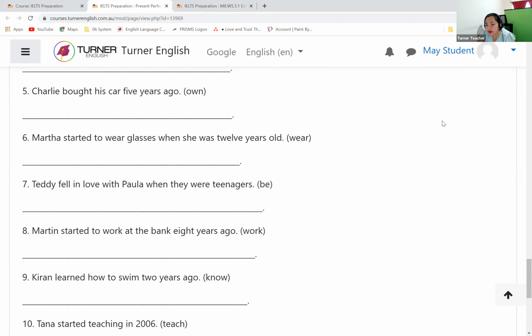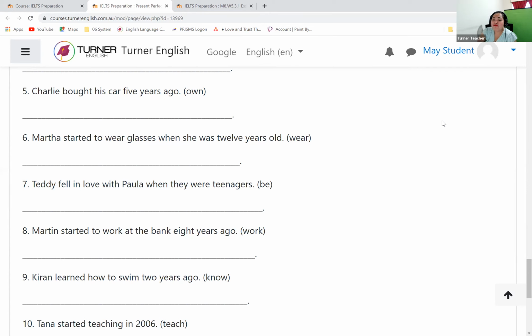Okay, if you're using the word "age," you don't have to use "years," Manjot, since the age of 12, because age and years will be redundant. So either you say "since the age of 12" or "since she was 12 years old." Yes, Martha has worn glasses for ages.